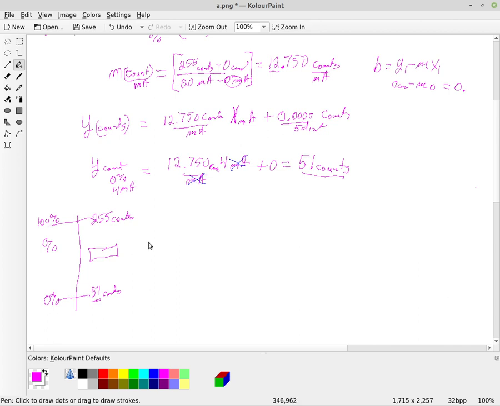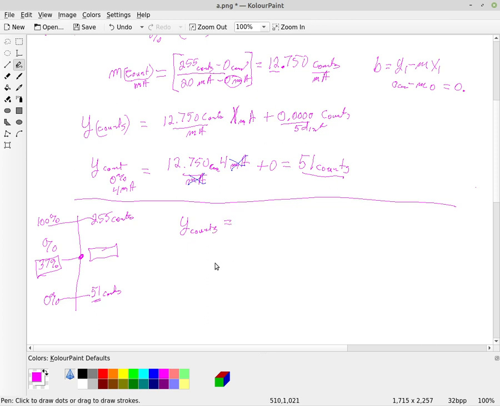So let's say we know the tank is 37% full. We want to find out how many counts that is. Well, then we need to write the equation in terms of how many counts given the percentage.